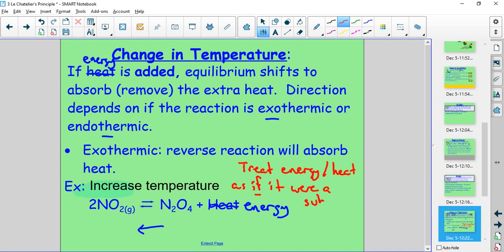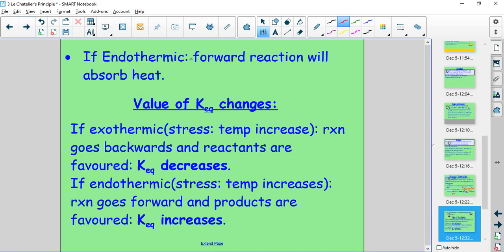So that means if you increase energy on this side, it's going to need to be consumed, so it's going to move to the left. Okay, that's a little trick that I use as I'm thinking through these questions. Okay, if it's endothermic, then the opposite will happen. The forward reaction would be favored. That's for an exothermic.